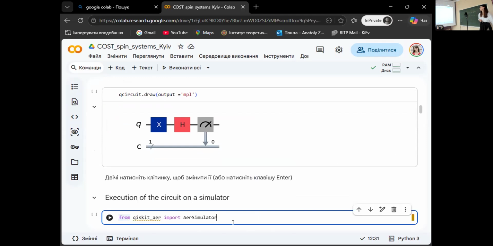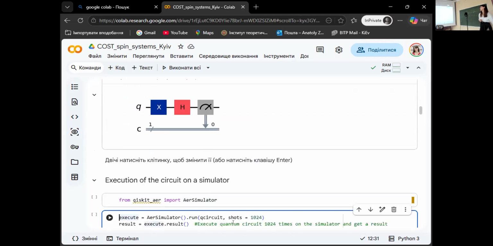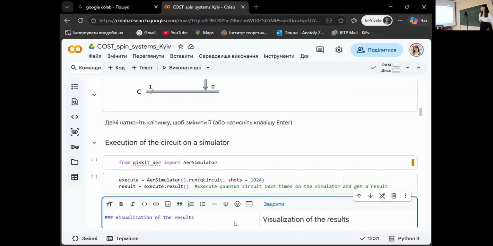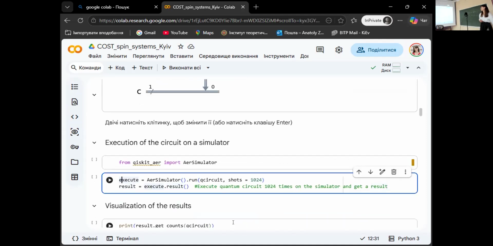And we can run this quantum protocol. In this case, I used the Aer simulator, which is a classical simulator of quantum computing, produced by IBM. And I ask it to execute my quantum circuit, and I put here the number of shots, 1024.